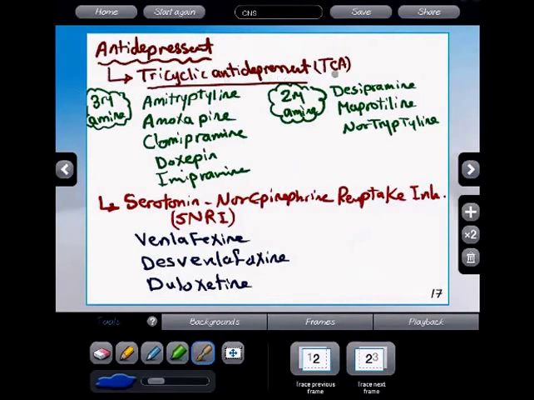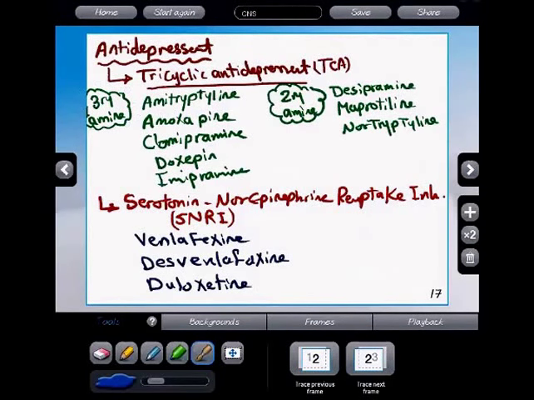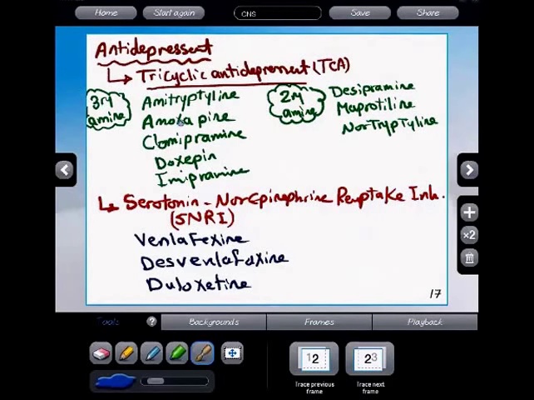The tricyclic antidepressant drugs, some of them are tertiary amines and the others are secondary amines. What's the importance of this? Because if I asked you which is more potent, for example, clomipramine or nortriptyline, you will say clomipramine. Why?